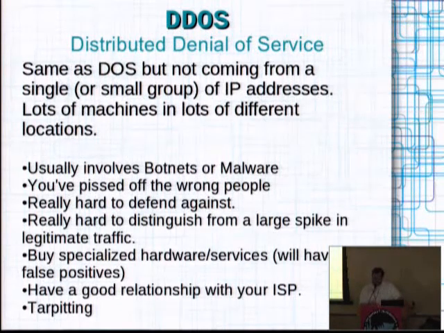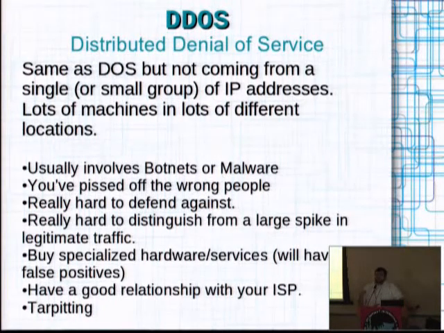Going into distributed denial of service is even worse, because it's not a single source of the data in the attack. It's coming from all over the place. And if they're smart, they're making it look exactly like your regular data. So, for instance, a distributed denial of service attack against Google would look like a whole bunch of Google searches. And Google wouldn't be able to tell the difference between good and bad, mostly because the distributed denial of service happens because lots of people's computers are infected with malware.